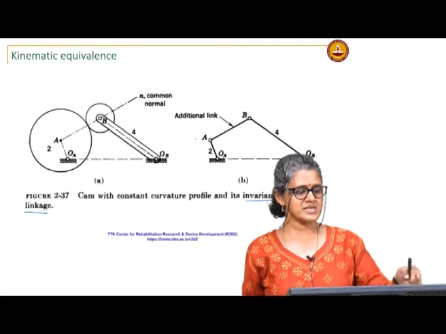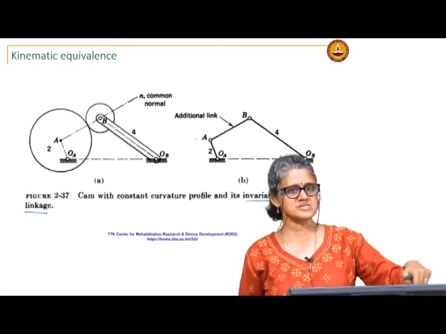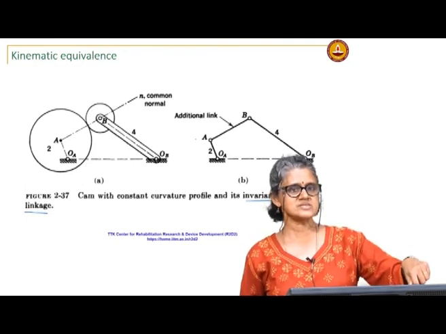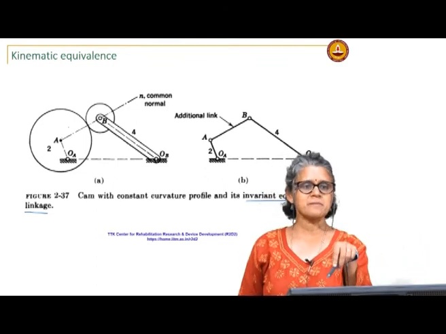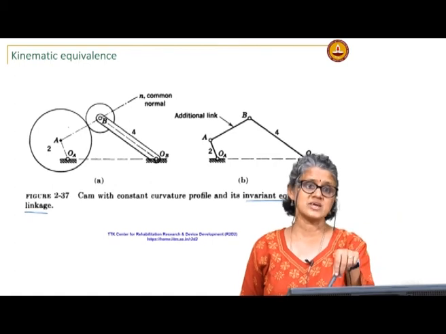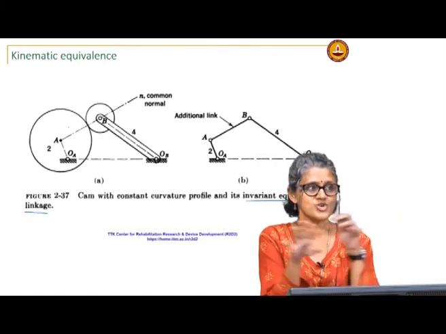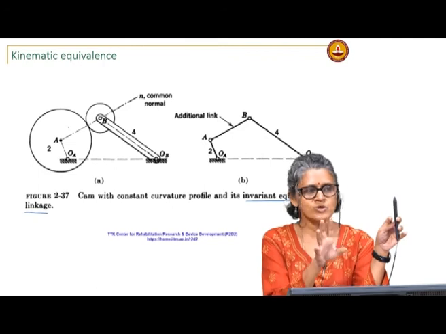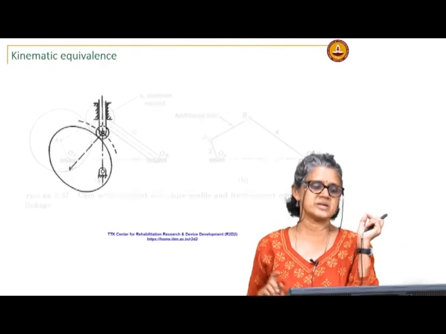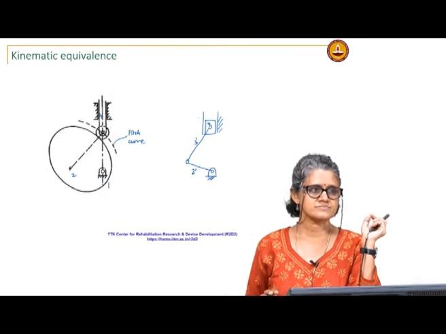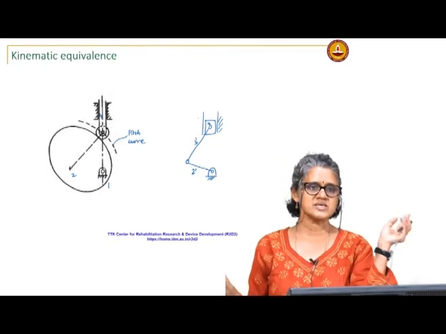In this special case, because the radius of curvature of this cam does not change, A is always the center, it is a circular cam. So, here you can represent, it is a very special case where you can represent by a 4 bar that does not change. In most cases, it is only applicable at a particular instant. Next instant everything changes.